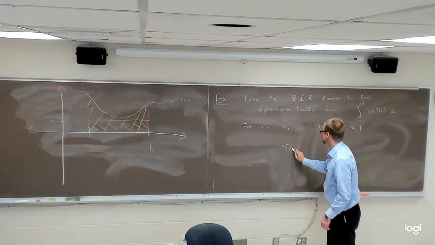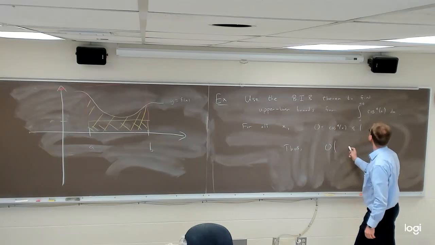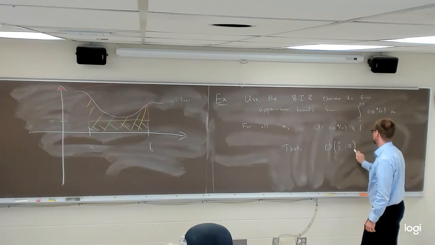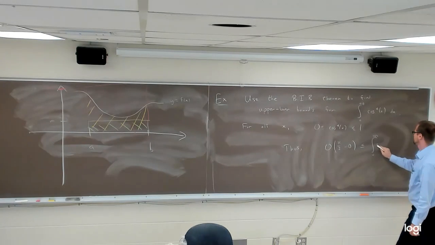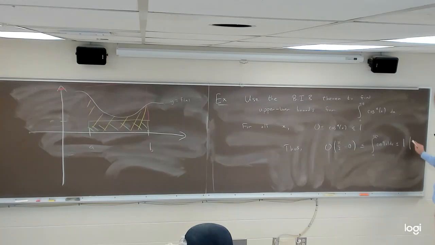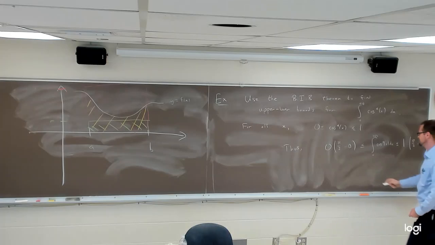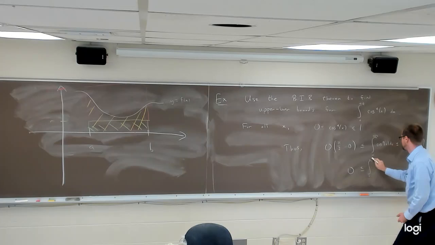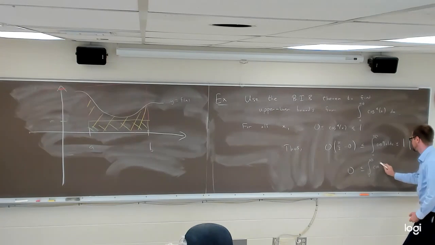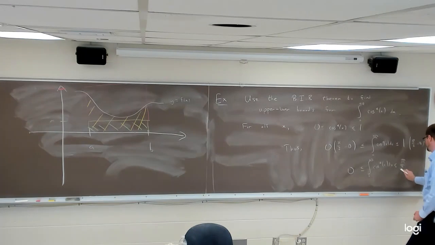Thus, 0 times (pi halves minus 0) is less than or equal to this integral, which is less than or equal to 1 times (pi halves minus 0). Those are pretty simple. But the integral is between 0 and pi halves. That would be my answer.